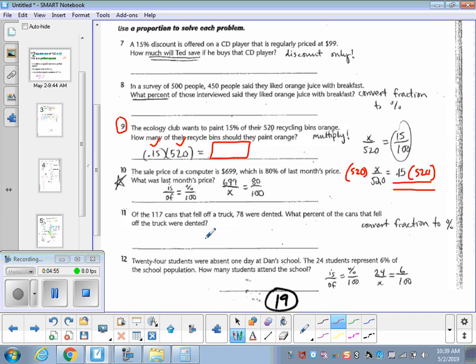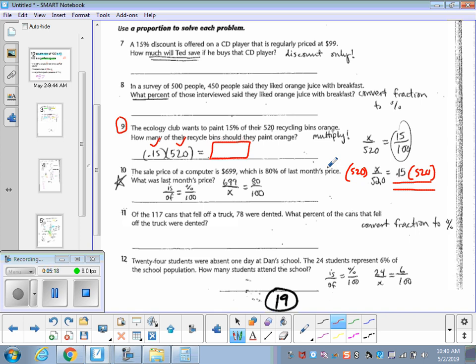Now number 10 is the one that you're likely going to need the most help with on this page. We're told that the sale price of a computer is $699. So it was discounted and somebody only paid $699 for it. The $699 that they paid was 80% of the price, which means that it was 20% off.